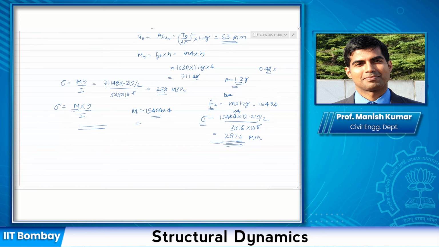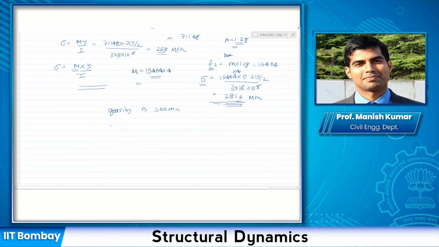Because this is not a gravity analysis. In gravity analysis versus seismic, typically when you increase the section size, your stress decreases. However, if you change the section size in seismic, your stress might increase or decrease, because it also depends on the time period, which was not the case in static analysis.